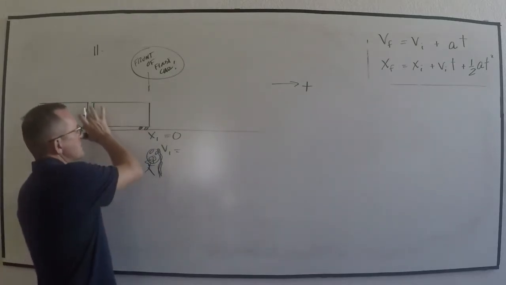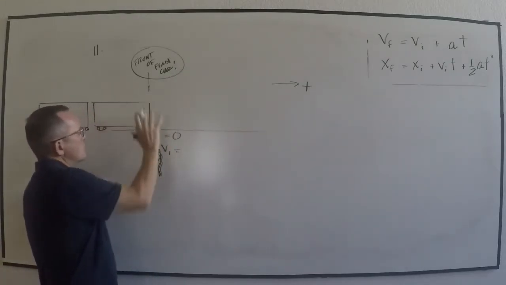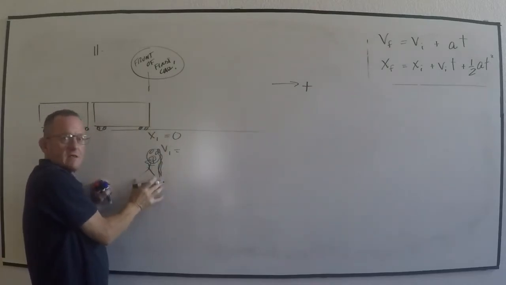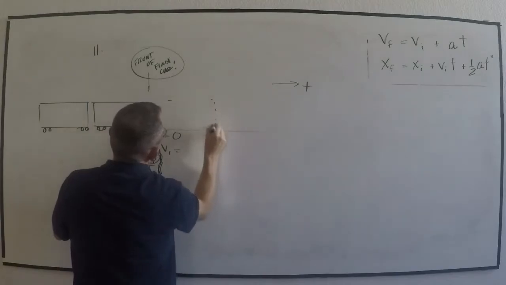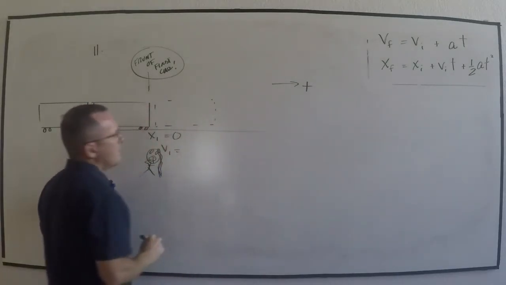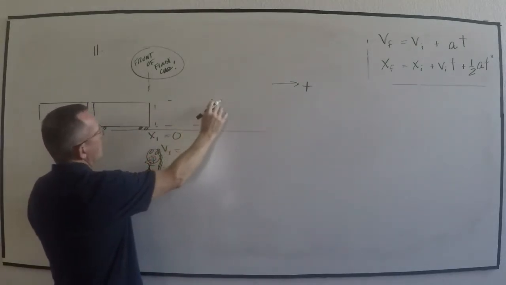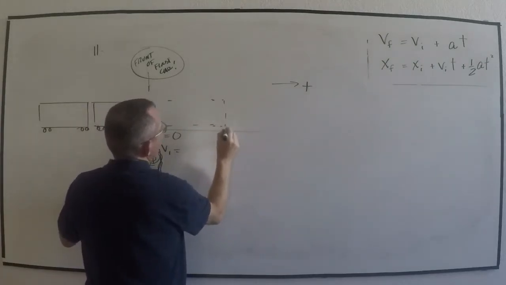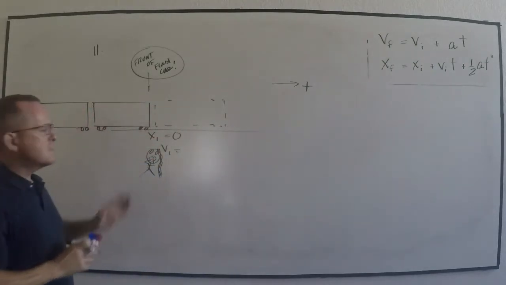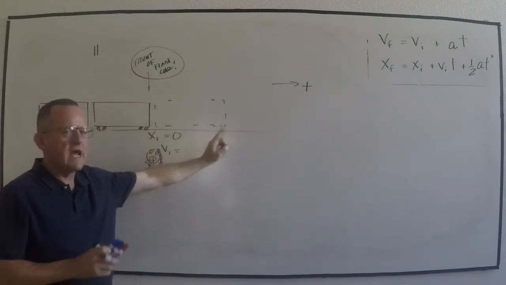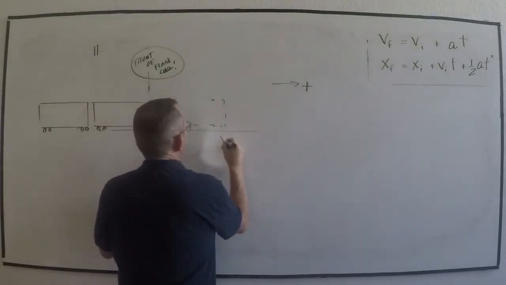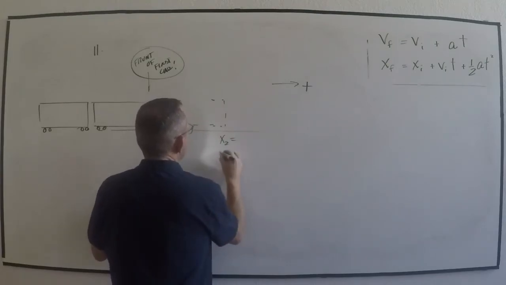They tell you how much time it takes for the first car to pass Liz, which means in that time, that first car will go to right here. When the first car passes her, the front of the first car is now over here. That is a point of interest.